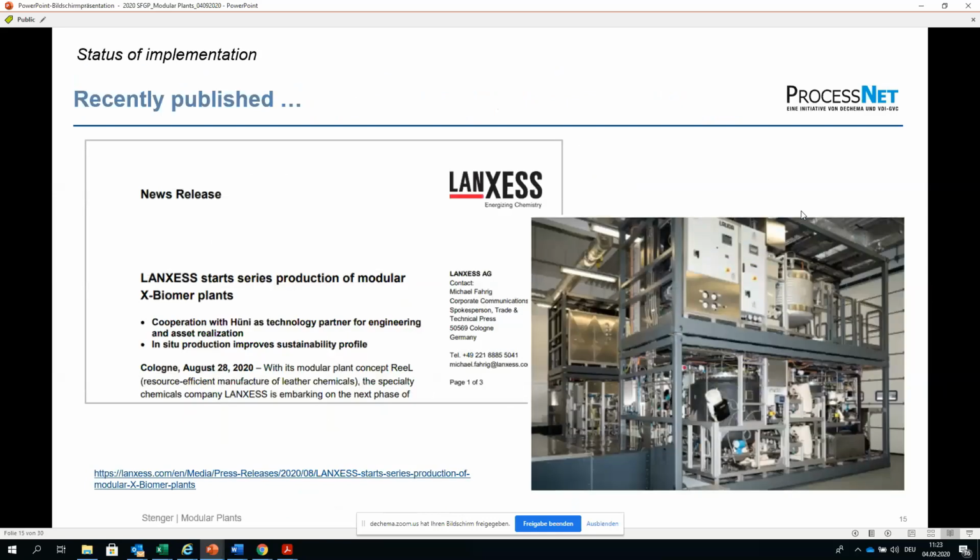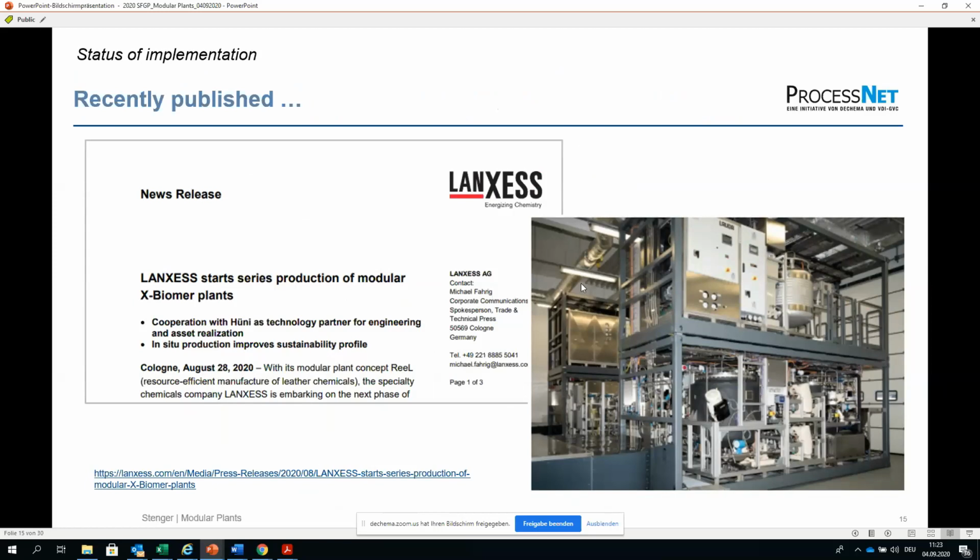That brings me to the last example, recently published from Lanxess, on starting a production series of modular X biomer plants, in order to have them flexible and bring them to different leather plants.